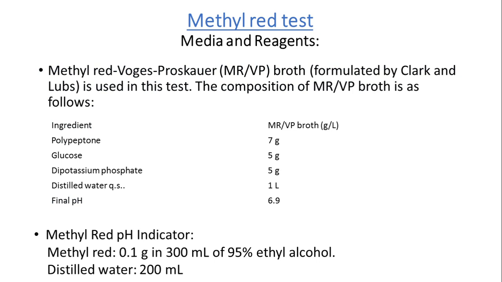The culture medium that supports the growth of microorganisms for the VP test and MR test contains glucose as the main carbon source, and the pH of this medium is 6.9, at which the methyl red remains yellow in color.